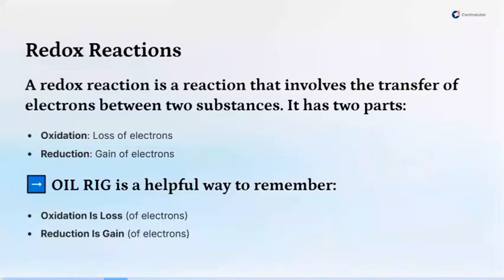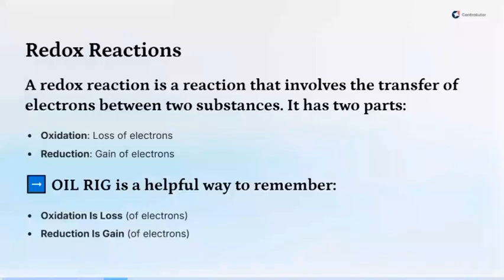If a species is losing electron, it does not just throw it away. Since it's giving up electron, something is collecting the electron. That's why reduction and oxidation cannot happen on their own. They happen simultaneously. As reduction is happening, oxidation is also happening, and as oxidation is happening, reduction is also happening.